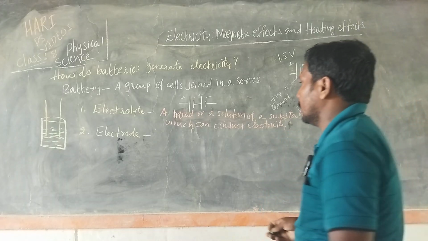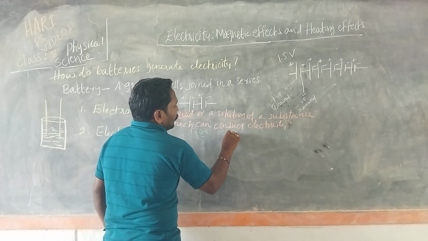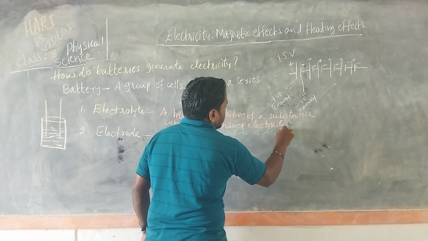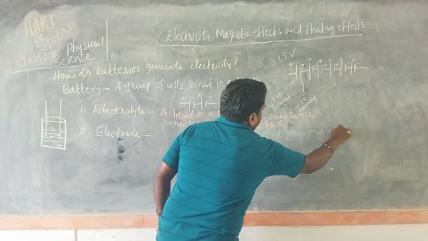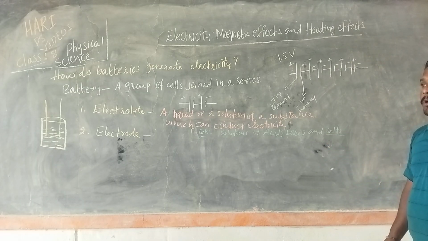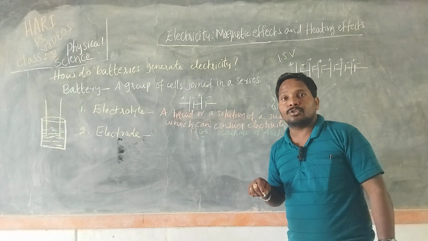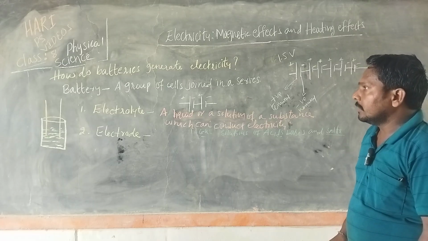For example, you can take solutions of acids, bases and salts. I already told you Volta used the paper soaked in salt solution, and also he took dilute hydrochloric acid.